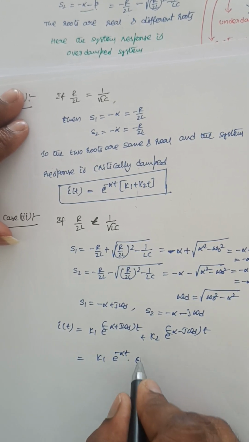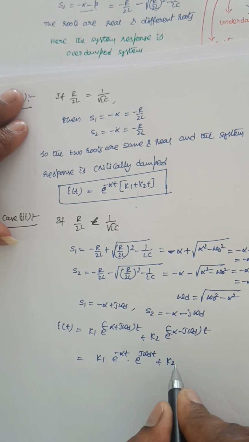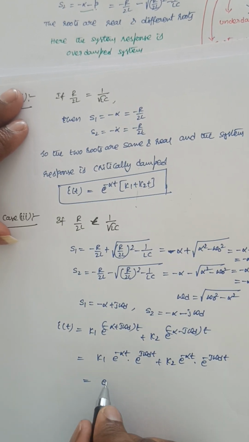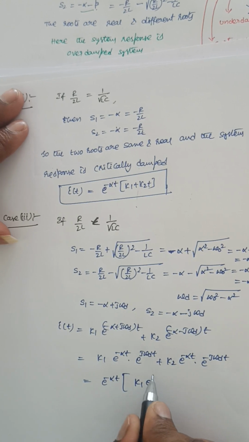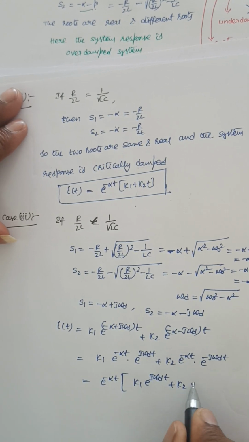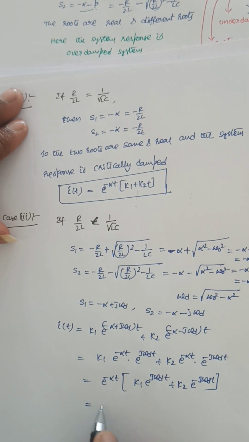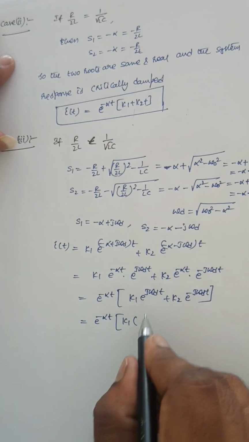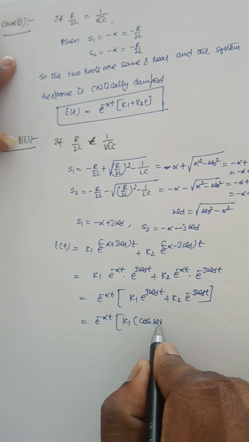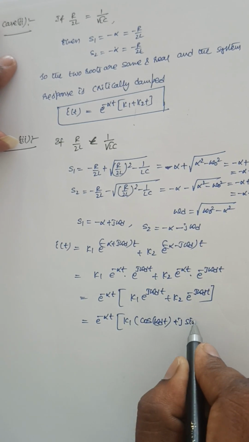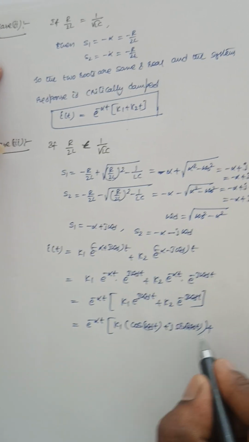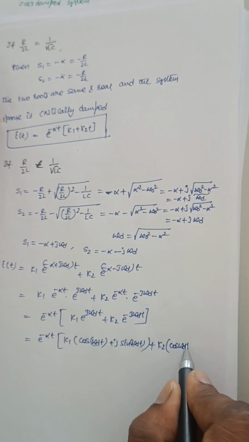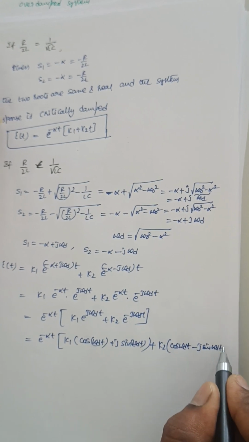I can write this as e power minus alpha t into k1 e power j omega d t plus k2 e power minus j omega d t. Taking e power minus alpha t as common, e power j theta is cos theta plus j sin theta, so k1 into (cos omega d t plus j sin omega d t) plus k2 into (cos omega d t minus j sin omega d t).